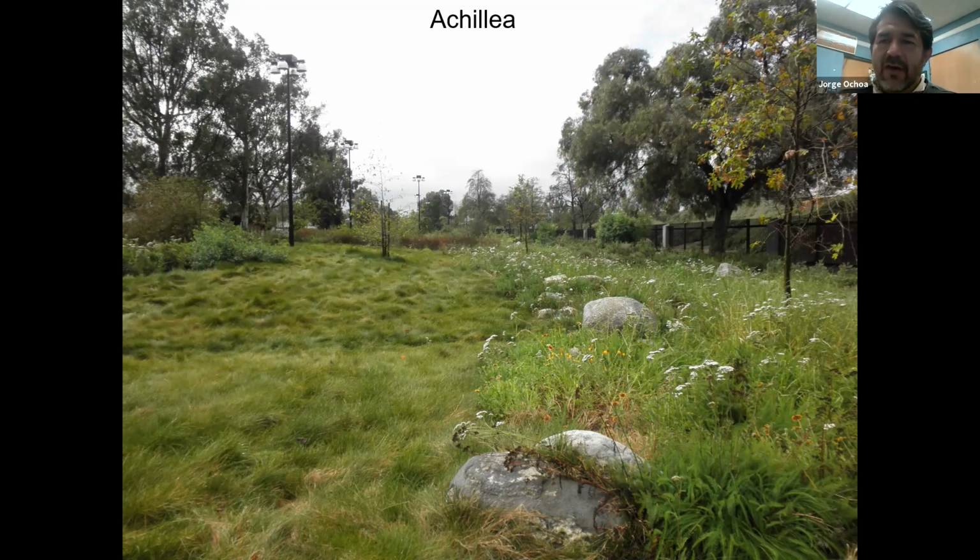And here, showing you a good example of a naturalized or meadow type garden, because as we move away from having lawns, there's now the big movement to use alternatives to lawns, or even having no more lawn or a very low mowing lawn.